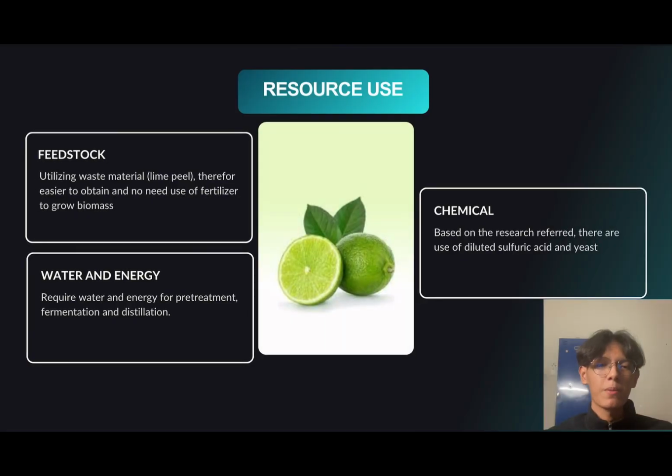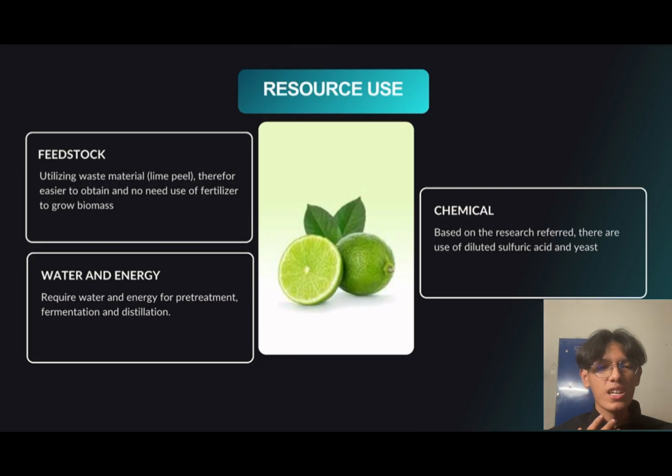The next part is resource use. For the feedstock, in the production of this bioethanol we utilize waste material, that is lime peel. So it is easier to obtain and there is no need for fertilizer to grow this biomass.